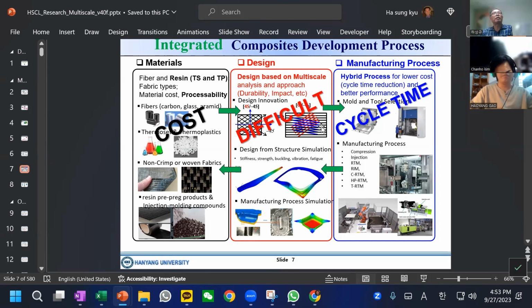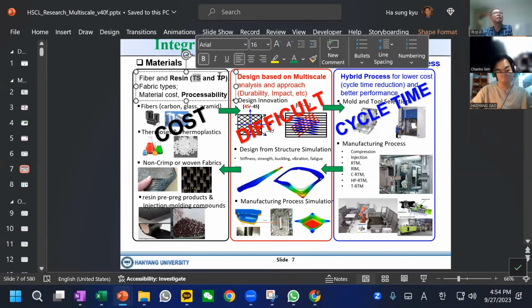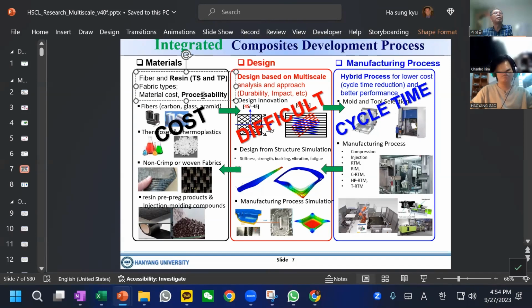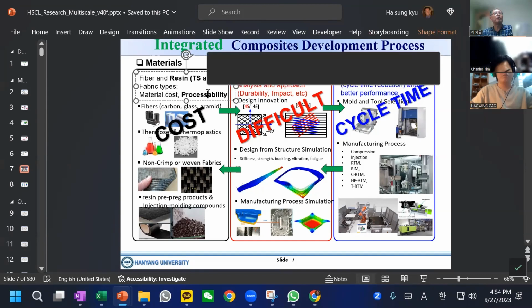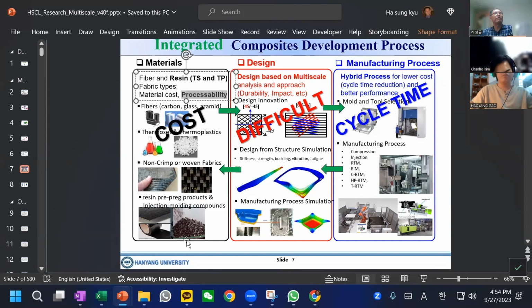We need to understand the composite behavior, and we should also be able to select the resin system. Sometimes thermoset and sometimes thermoplastic, and we have to consider material cost, and we also have to consider recyclability or processability in many different forms. Cost is also very important.